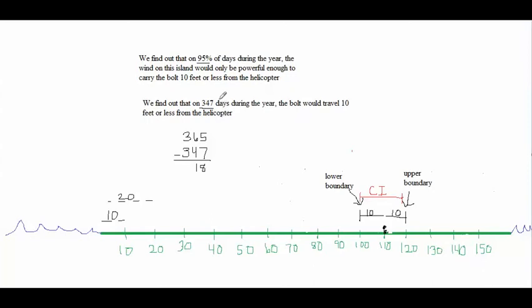And we can say that the bolt would have had a 5% probability of falling on one of these other 18 days on which the bolt would travel more than 10 feet because of the wind being more powerful.